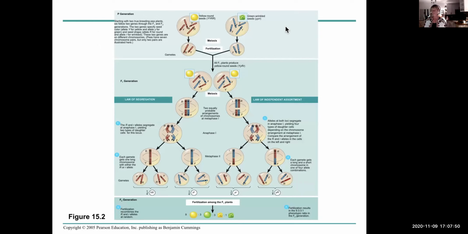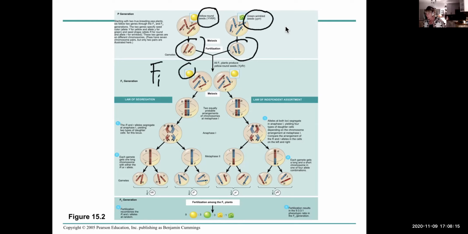However, what it shows is yellow round seeds that are homozygous dominant crossed with green wrinkled seeds, which are homozygous recessive. Then you produce gametes, one chromosome each. We're looking at Mendelian genetics. So what did we have in the F1 generation? Well, we have both the dominant traits, so both round seeds and yellow seeds.